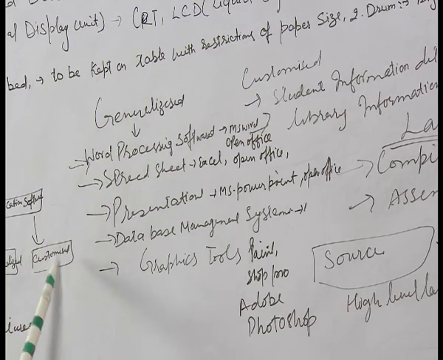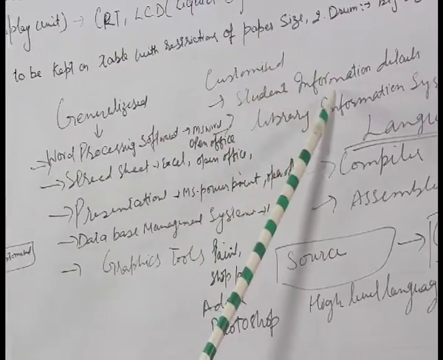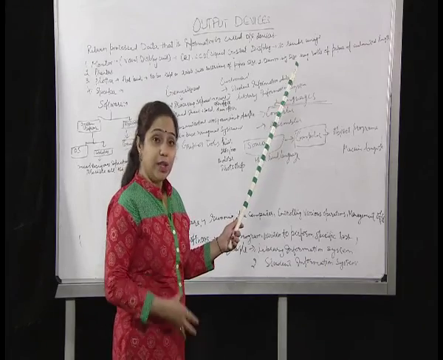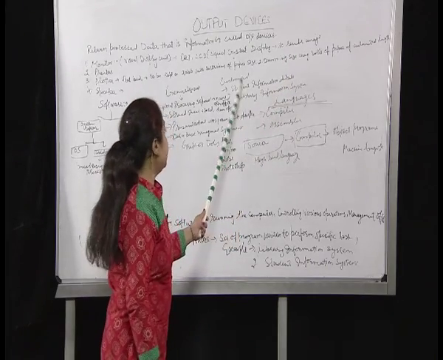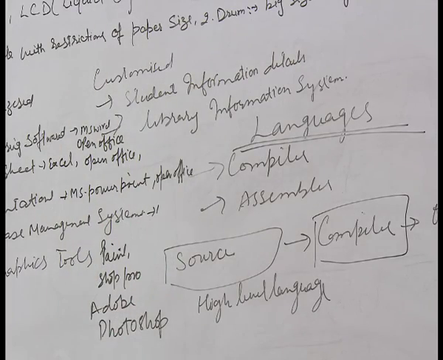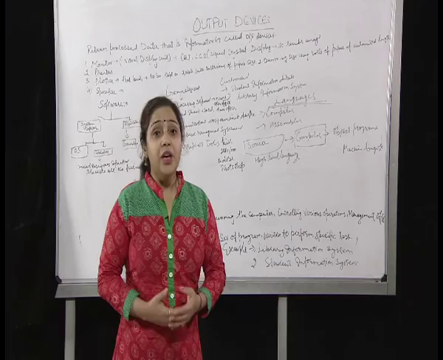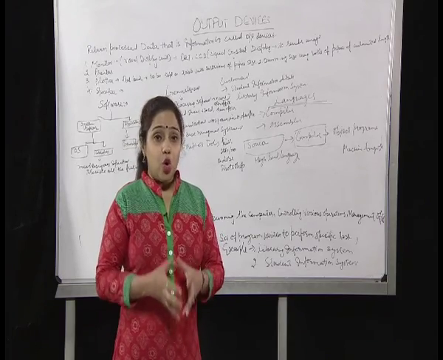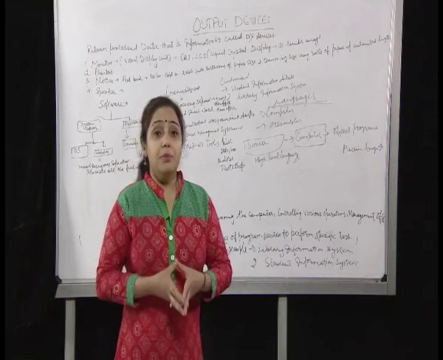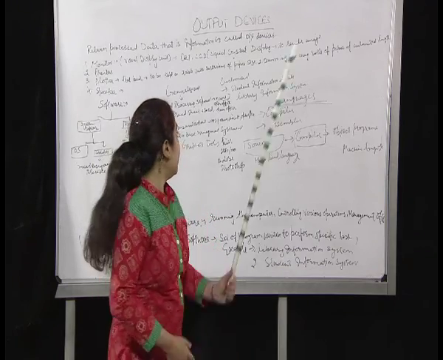Now we will understand what is customized. Customized is a student information system where you have applications where you can record all the student information, and second one is the library information system. As we have discussed earlier, the library information system is the system where you keep the records of all the library, how many books you have issued, how many books you have returned, basic details of the library, and the name of the user and all these things.